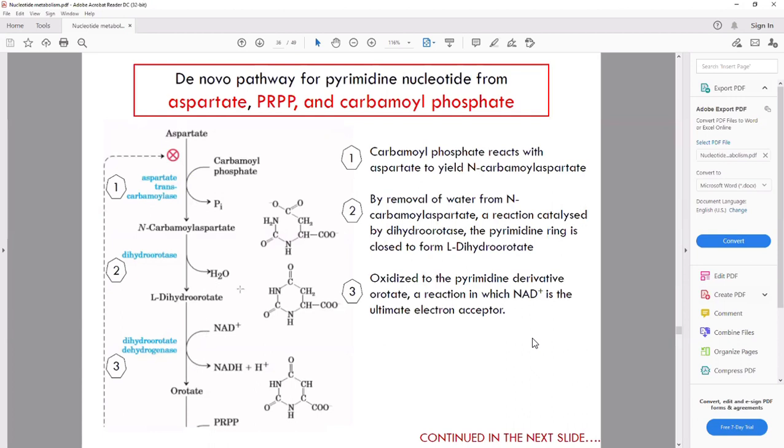Then this dihydroorotate undergoes the oxidation process. It is oxidized to orotate, and this reaction involves NAD plus, which is the electron acceptor. So this dihydroorotate is converted to orotate.